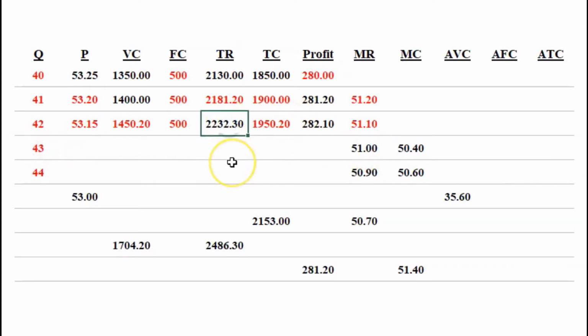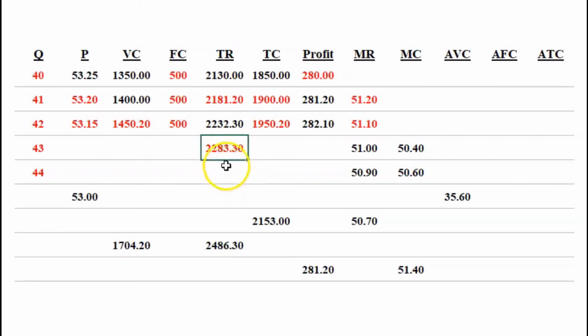So 2232.30, and then add to that the marginal revenue of the next unit, 51, and that gives us 2283.30. And so now we have our total revenue of our 43rd unit, which we can then use to calculate the price eventually. If you want to go ahead and do that, that's fine. I'm not going to do it right now.